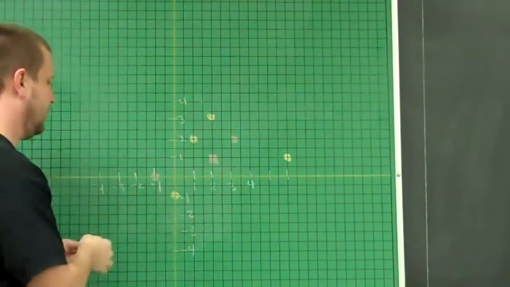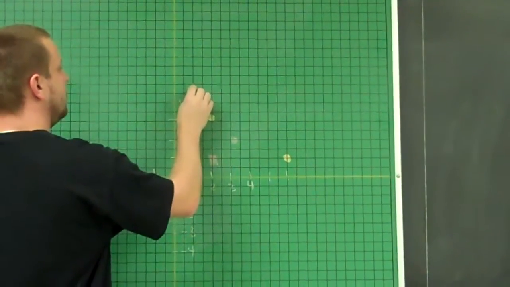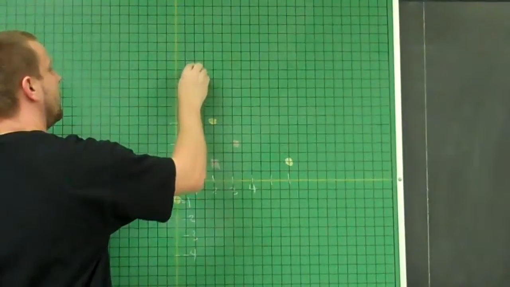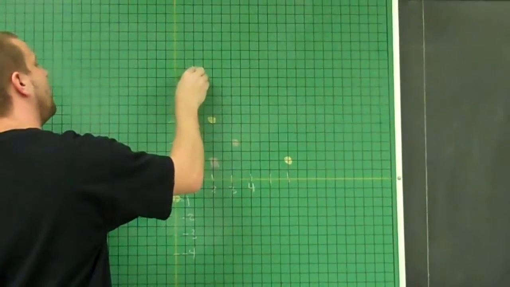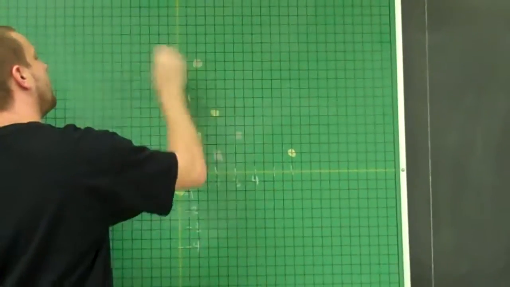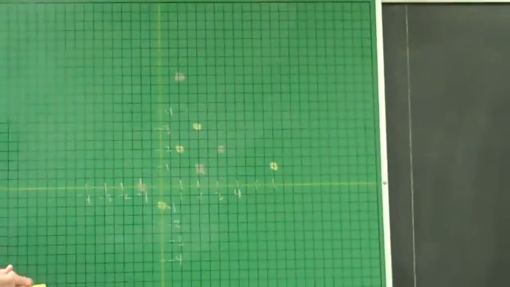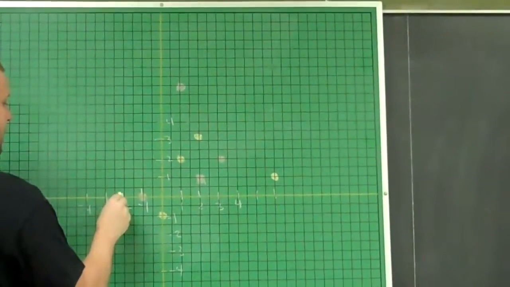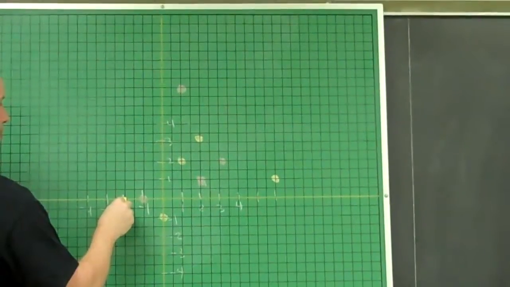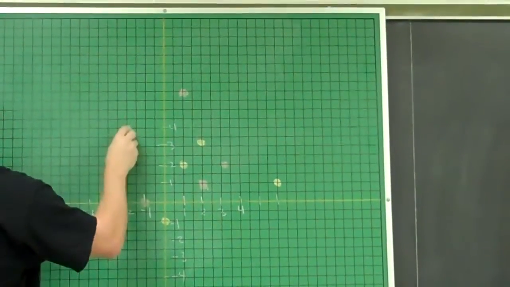I'd get 1, 6. So in the other color, I'm going to do 1, 6. That one right there. Let's add another point: negative 2, 4.